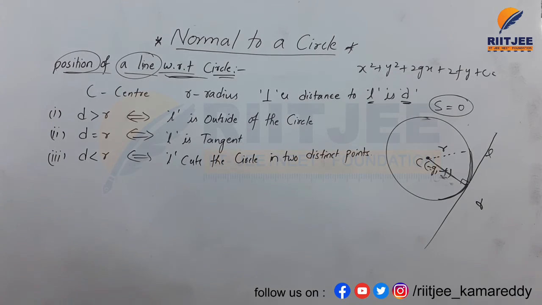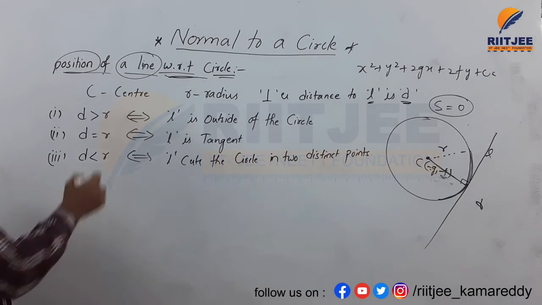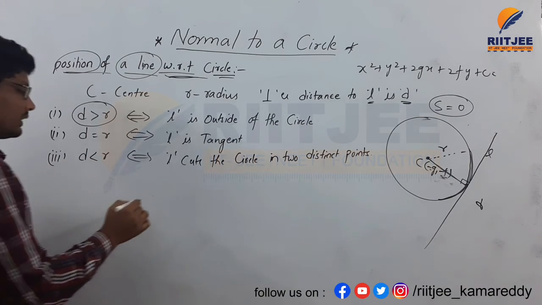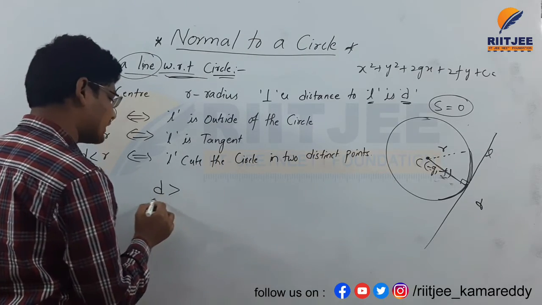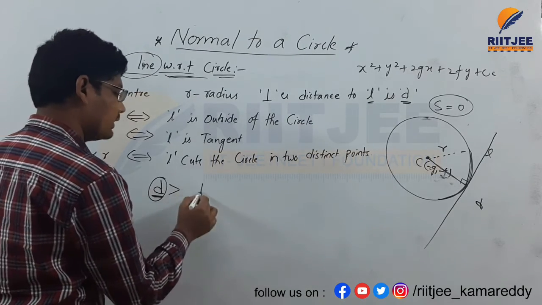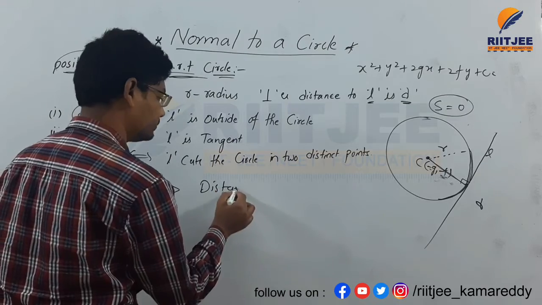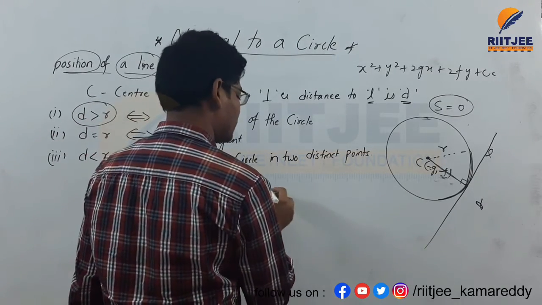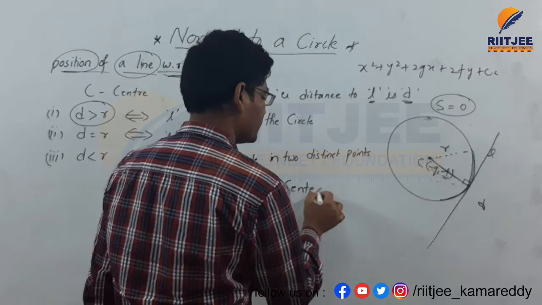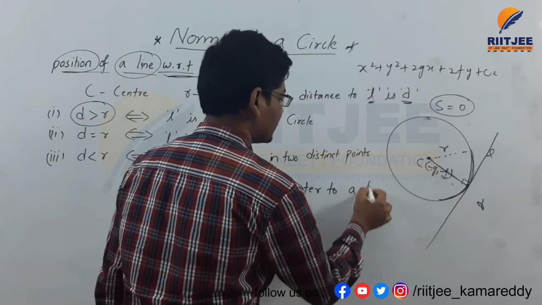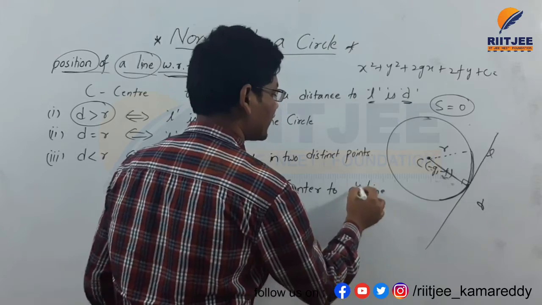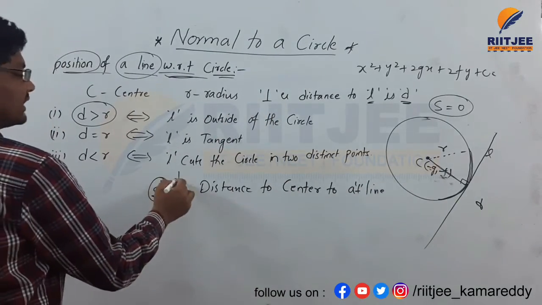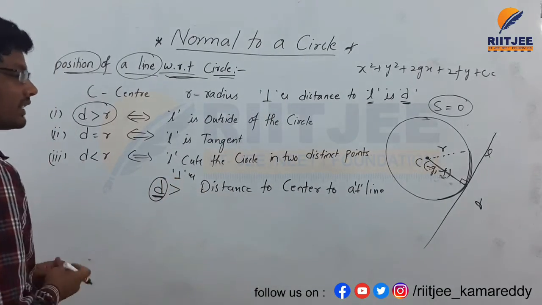And here three cases are there. Case number 1: D, the distance from the center to a line, that is the perpendicular distance, not a normal distance.